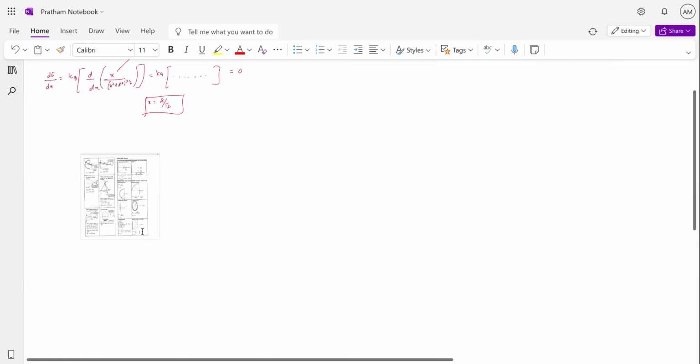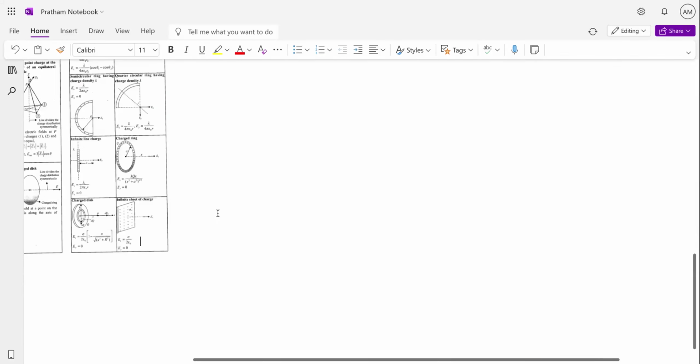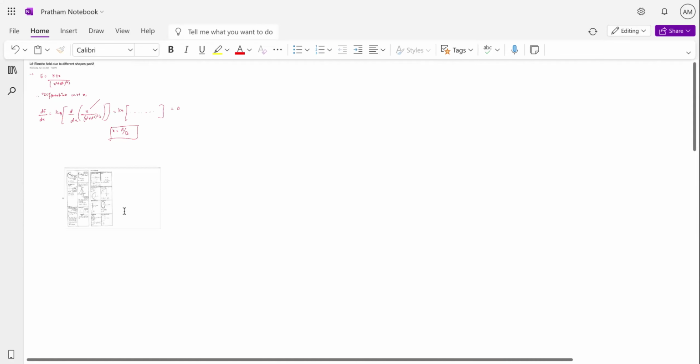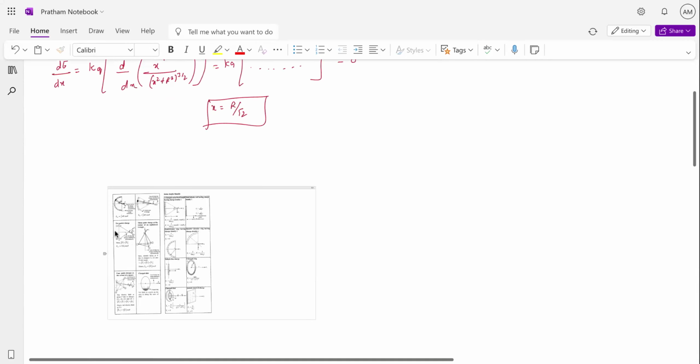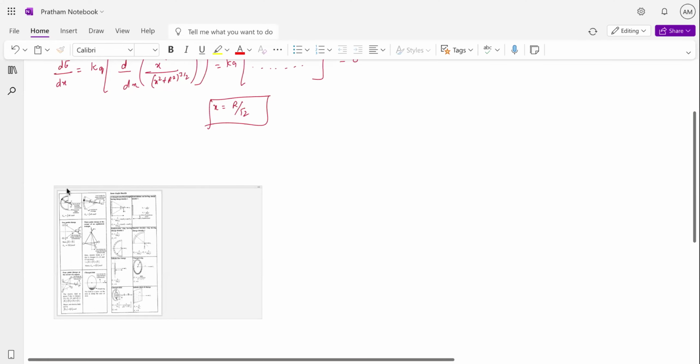I hope it is downloaded now. I'm not getting the option to increase its size.